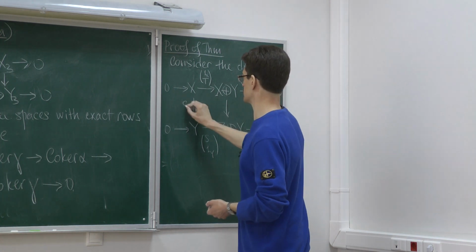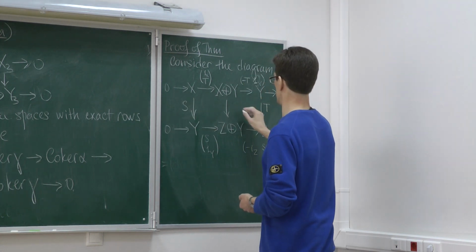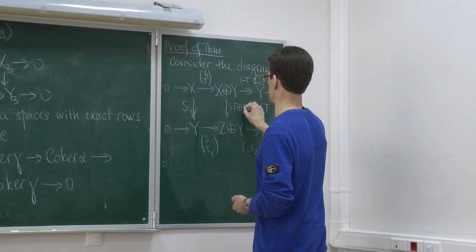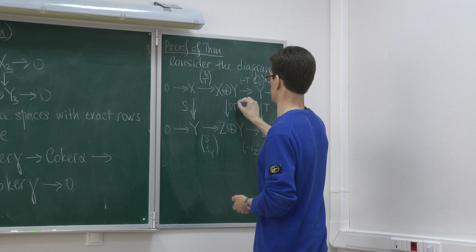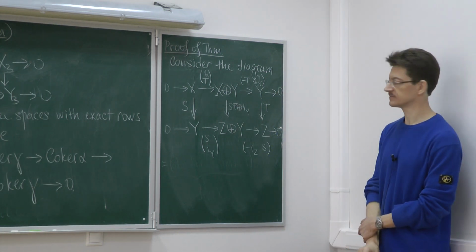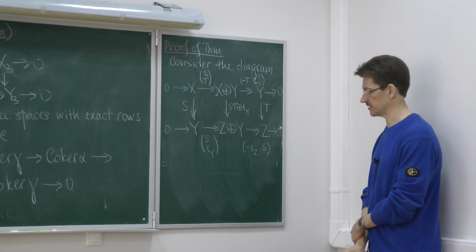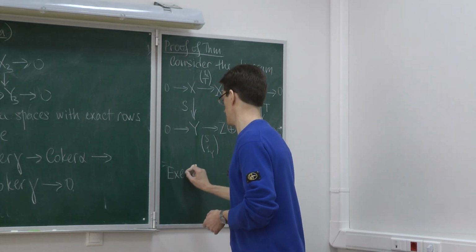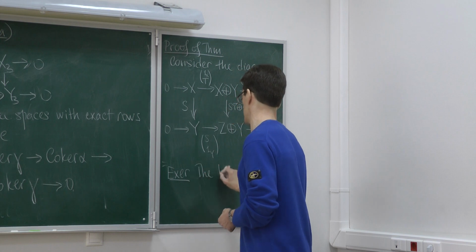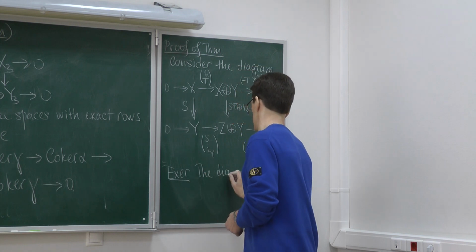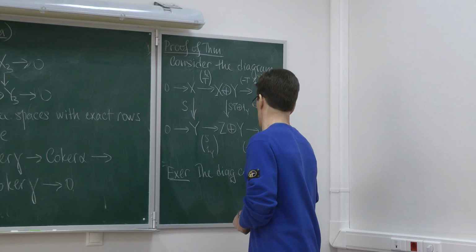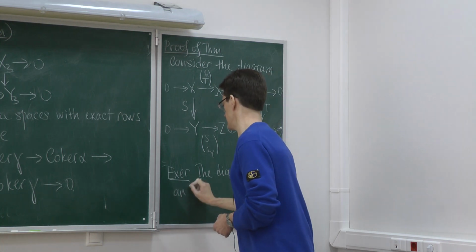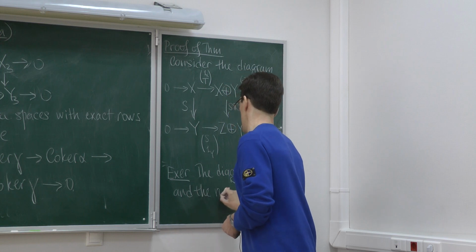This is S, this is T, and this is the direct sum of S, T, and the identity map of Y. So this is our basic diagram. It's a straightforward exercise to show that the diagram commutes and the rows are exact.